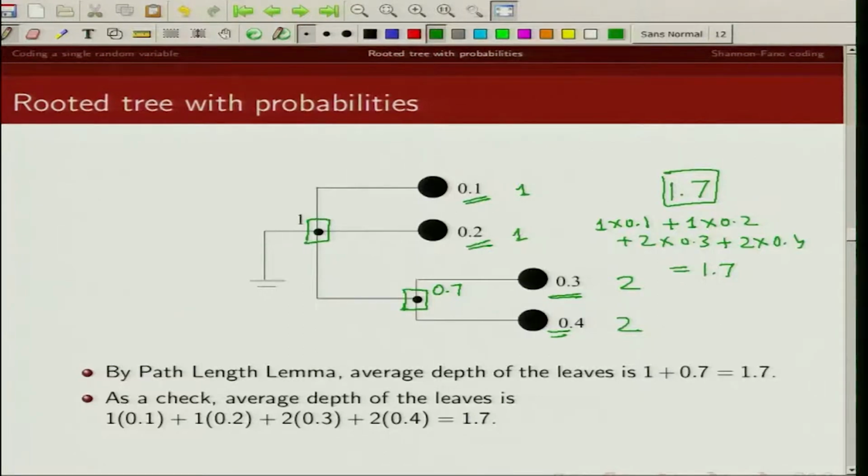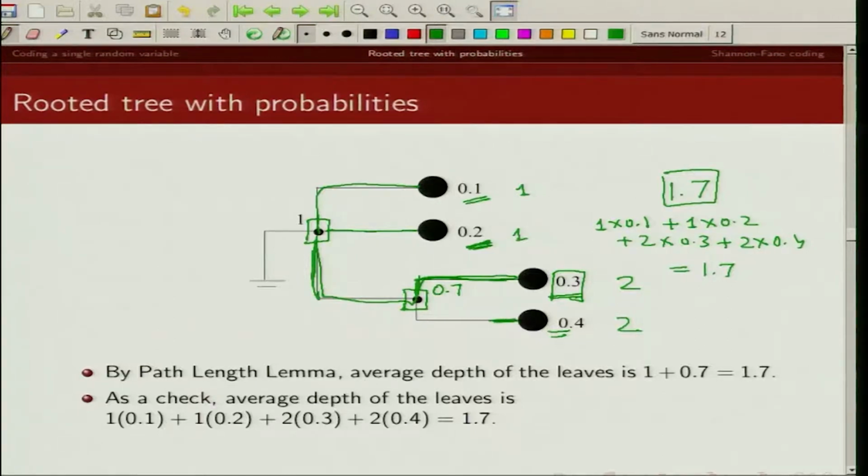And you can see this particular leaf appears only once in the summation, which is the depth of the leaf. This particular leaf appears twice. It appears in the probability of this node, and it is also appearing in the probability of this node.